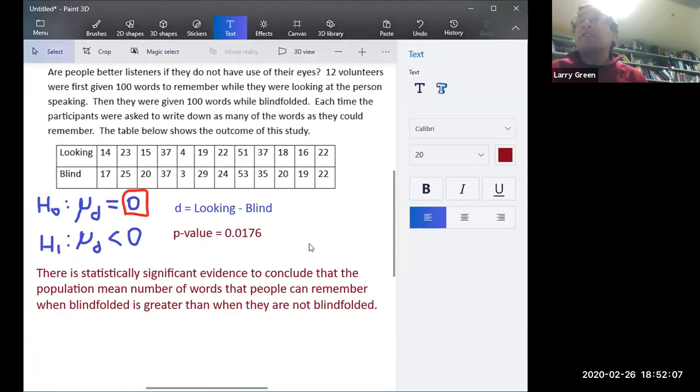Okay. You could also say that the population mean when they're not blindfolded is less than when they are blindfolded. Same thing.